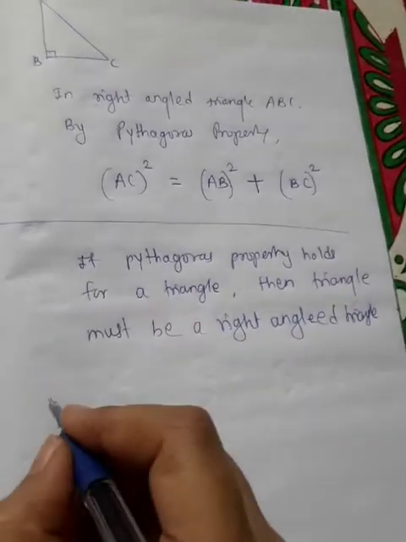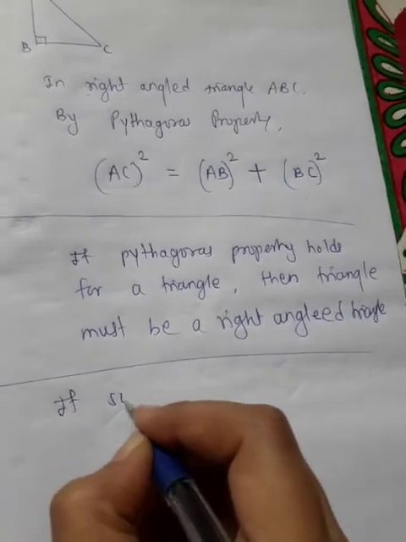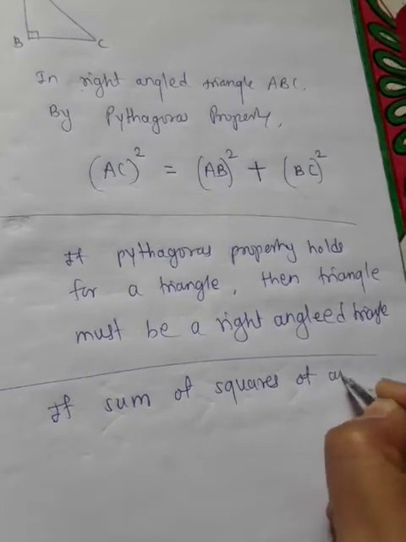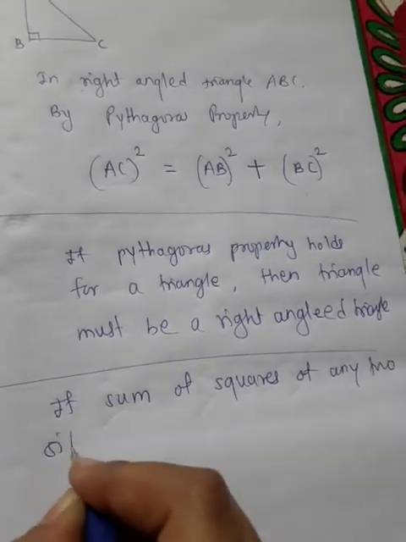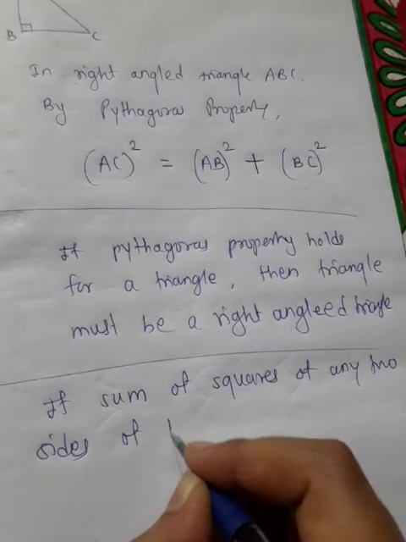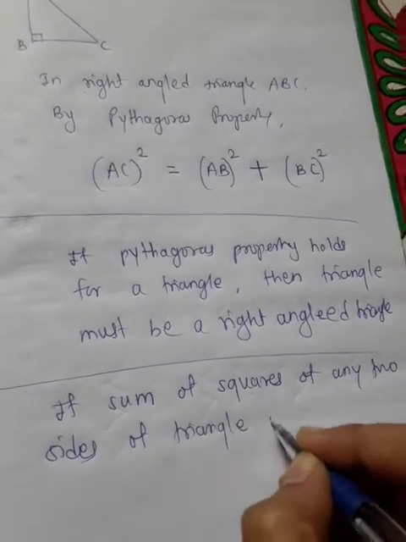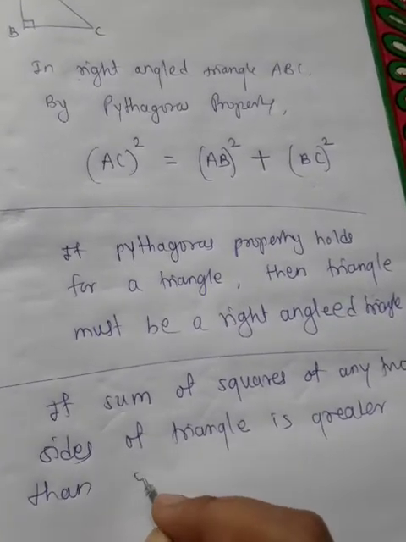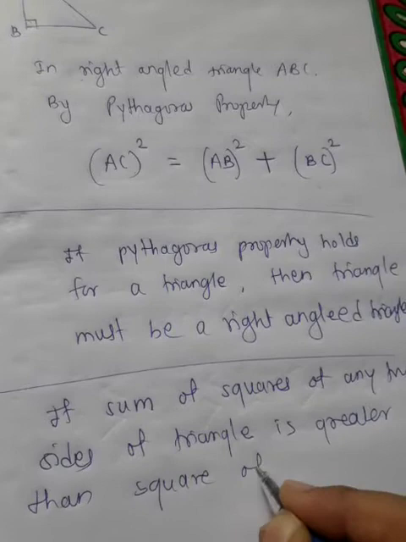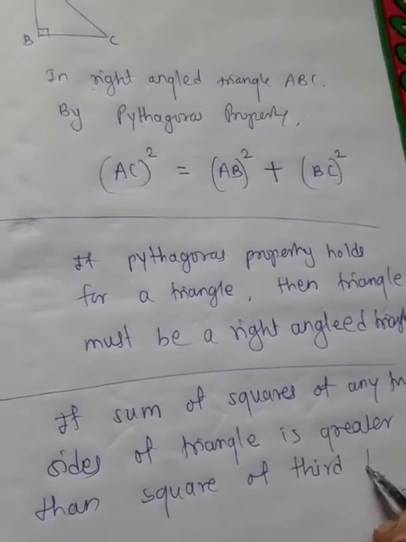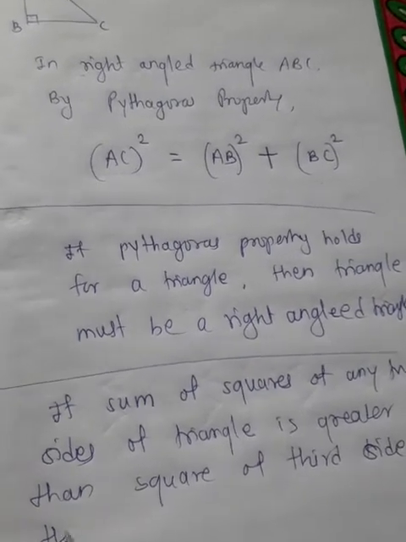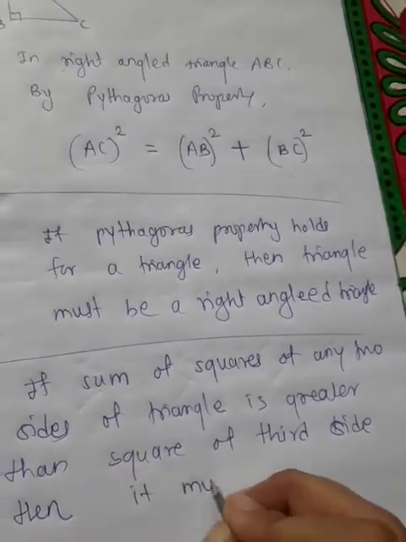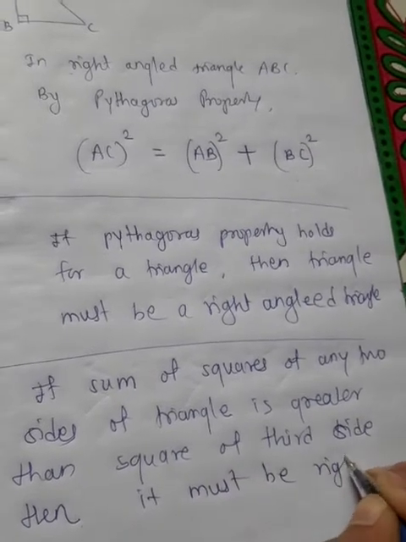In reverse way also, means what? If the sum of squares of any two sides of a triangle is equal to the square of the third side, then it must be a right angle triangle.